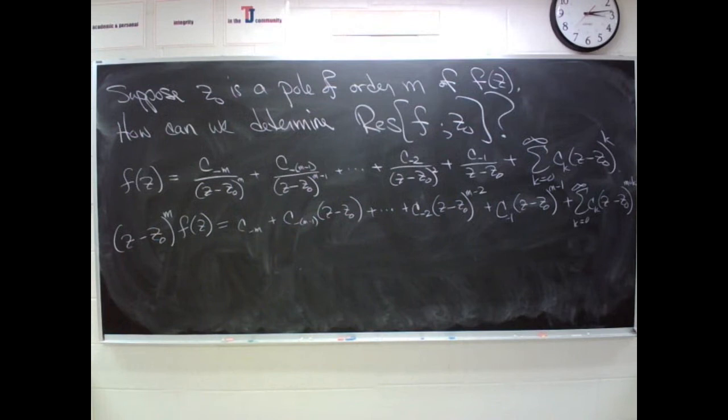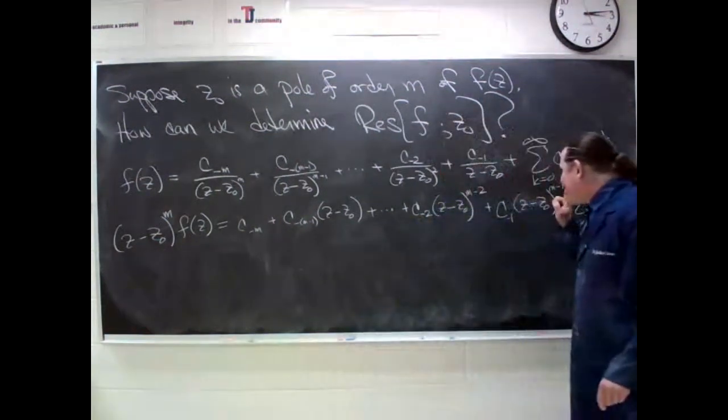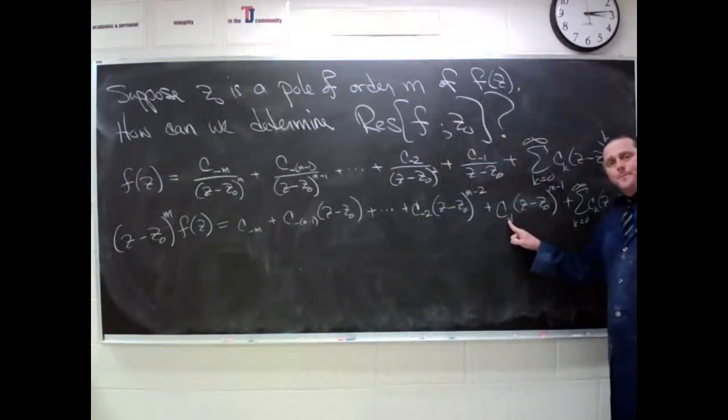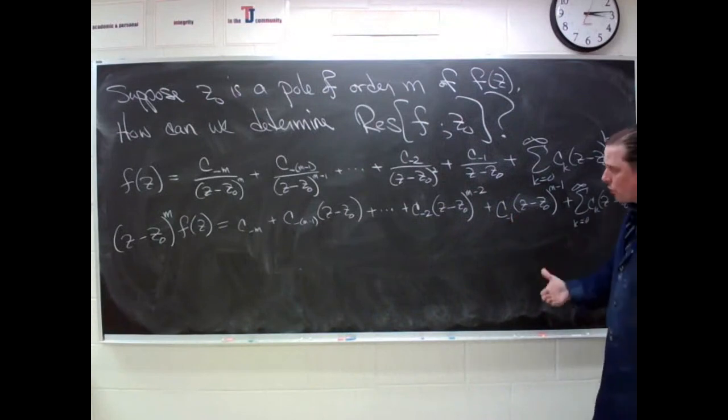It wouldn't have any more z minus z naughts, but all the rest of the terms would, so they're all going to go to 0. So if you think about this, you should be able to convince yourself that if I want this coefficient, then I need to take m minus 1 derivatives.